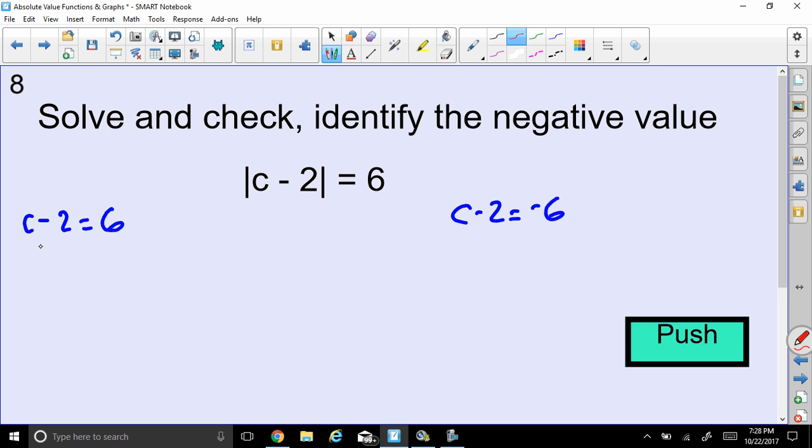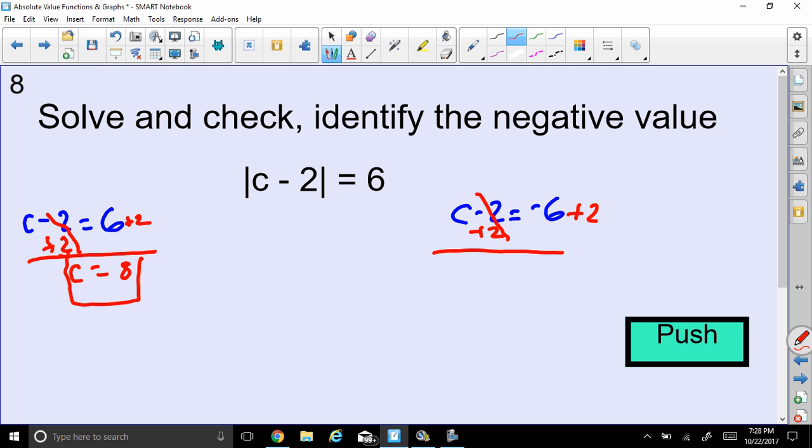So let's solve it by adding 2 to both sides, and C equals 8. These canceled out. So we have one answer over here. So let's look at the other side. Let's add 2 to this side, which will cancel the 2's. Add 2 to this side, but we cannot add them because the signs are different.